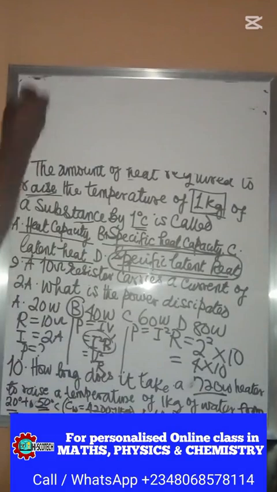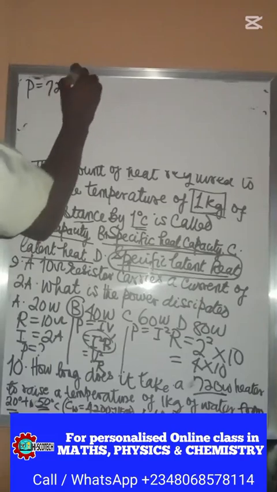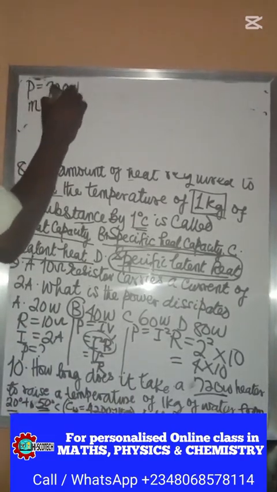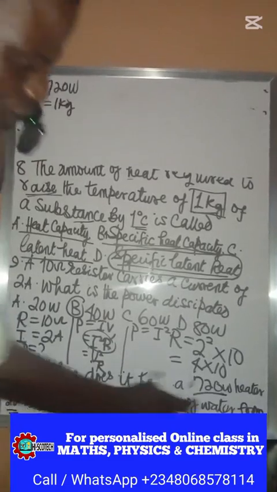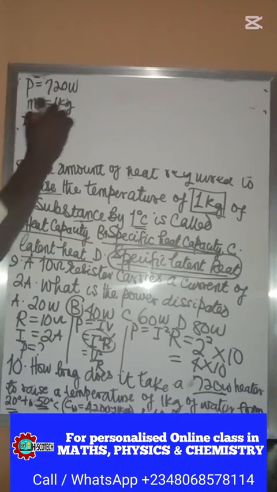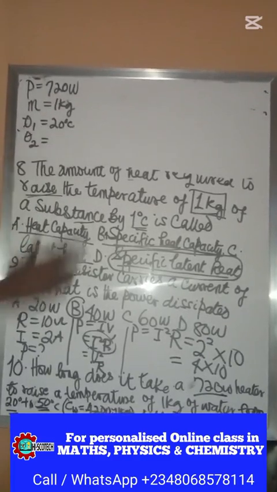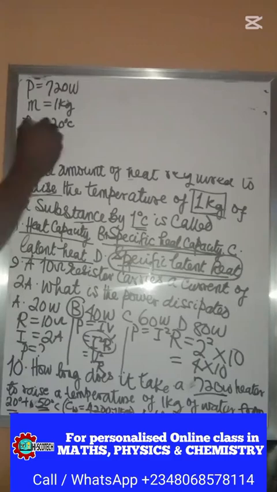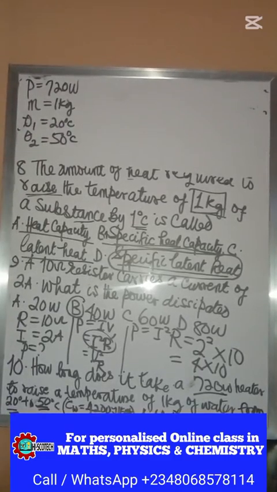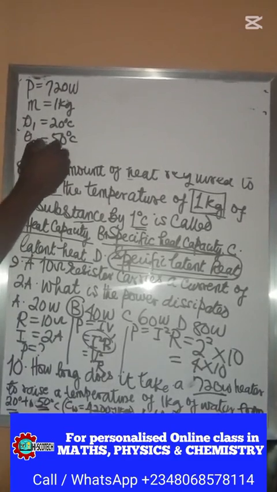The power is 720 watts, and mass is 1 kg. Initial temperature theta 1 is 20 Celsius, while theta 2 is 50 degrees Celsius. And the specific heat capacity of water, CW, is equal to 4,200.